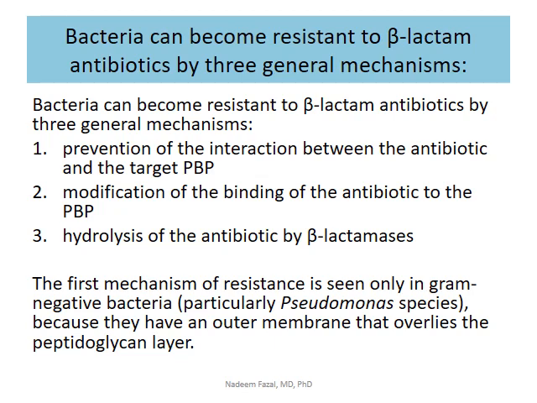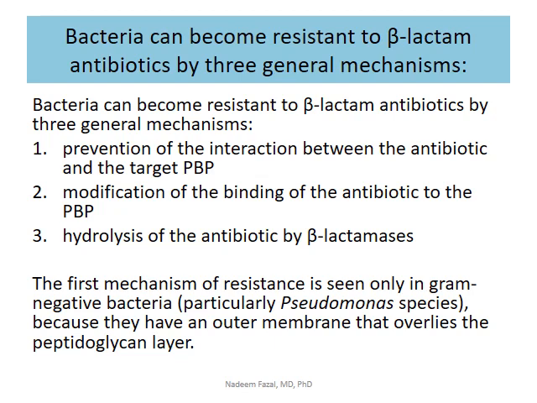Those bacteria that resist beta-lactam antibiotics, number one, prevent the interaction between the antibiotic and the target penicillin binding protein. They would not let that happen, because if the penicillin is targeted for the penicillin binding protein, they would not allow it to reach there. That's number one. Number two is that they will modify the binding.